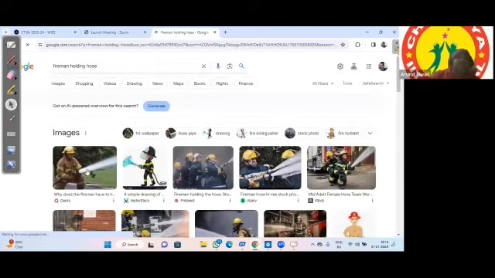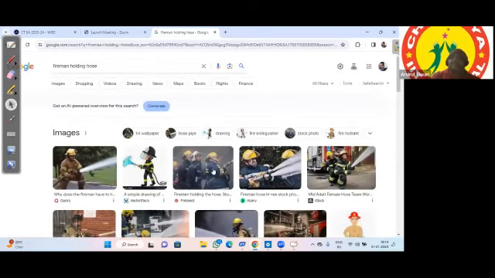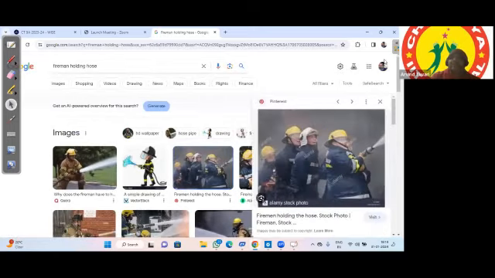Yeah. As you can see in this picture, the firemen are holding a hose pipe, but you can see here we have four people who are there to hold the hose pipe. Why are there four people?